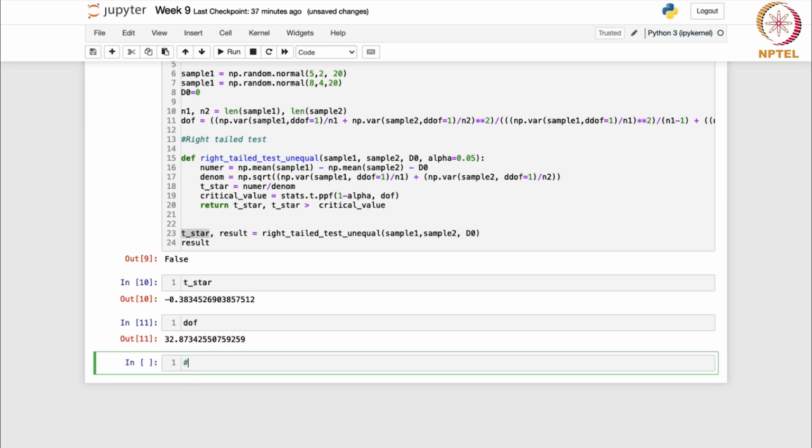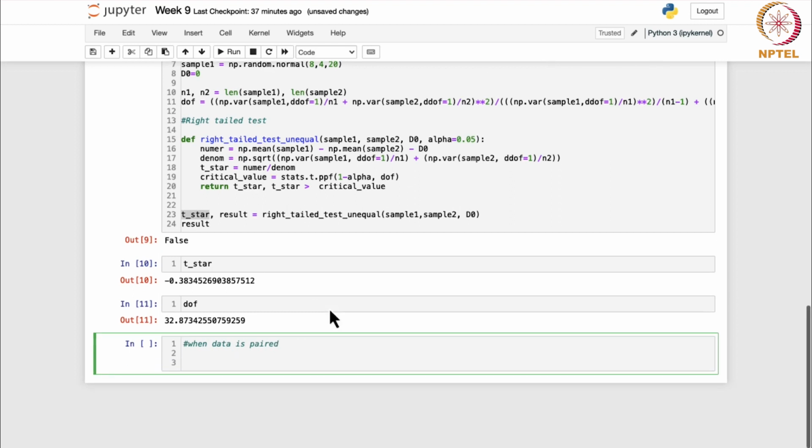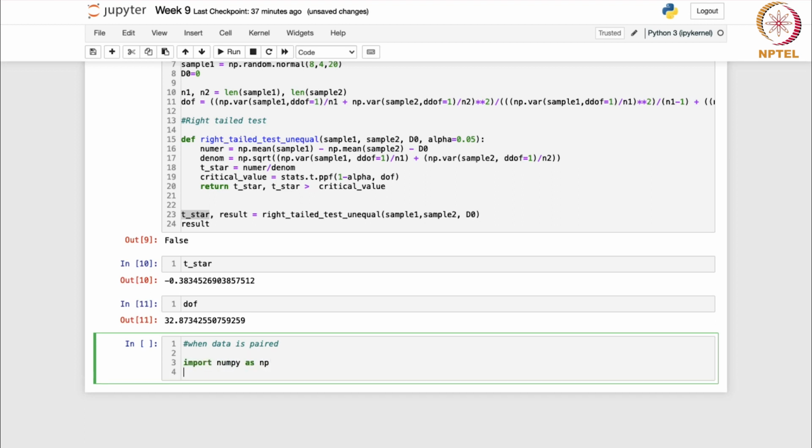Now we are going to work with when data is paired. All right, so that was our third case. So we are going to import numpy as np, and from scipy import stats.